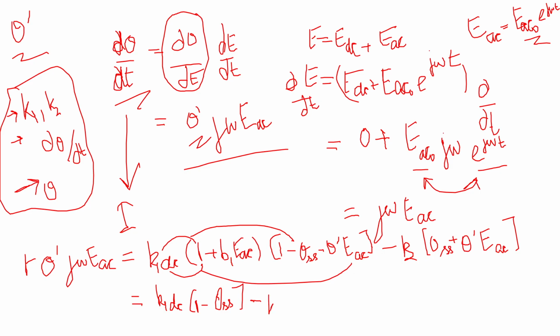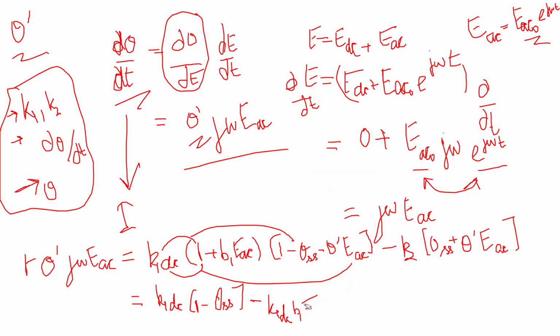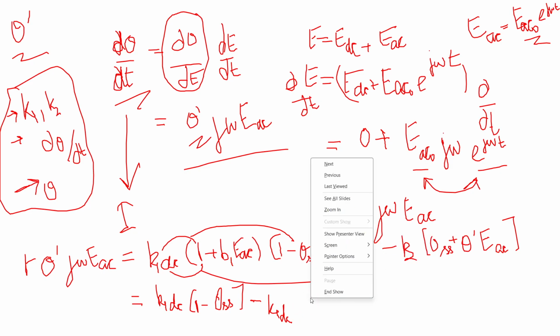Minus k1 dc b1 EAC. I'm sorry. I'm multiplying k1 into 1 into theta dash EAC.